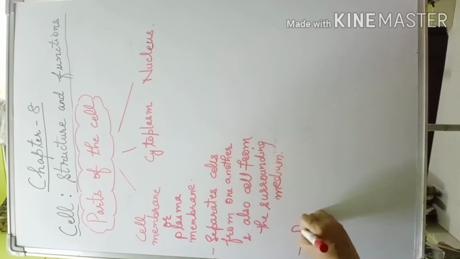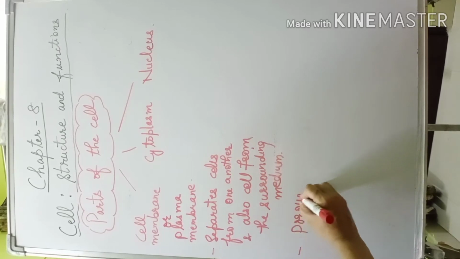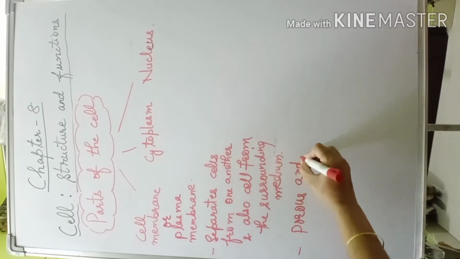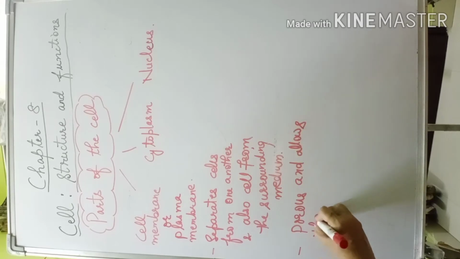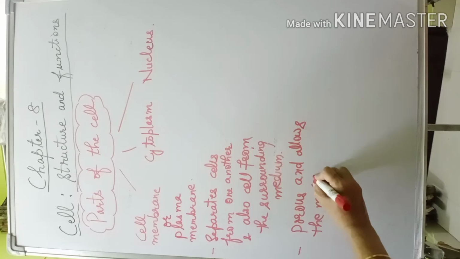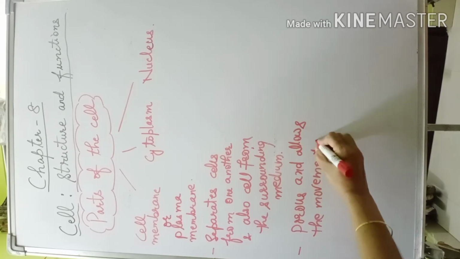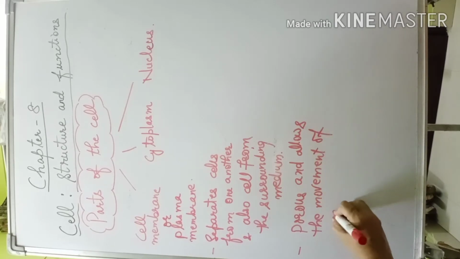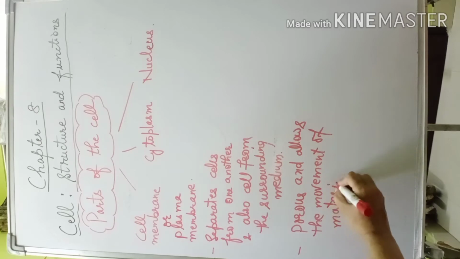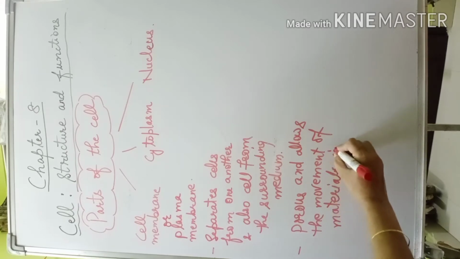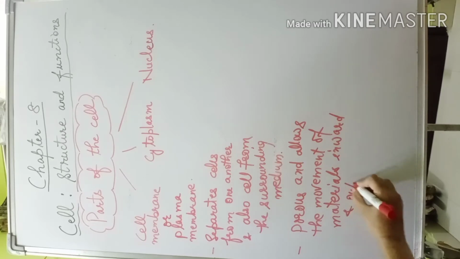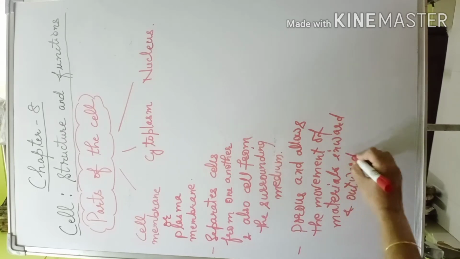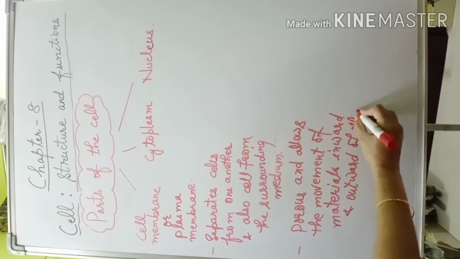The plasma membrane is porous and therefore it allows the movement of materials inward and outward of the cell.